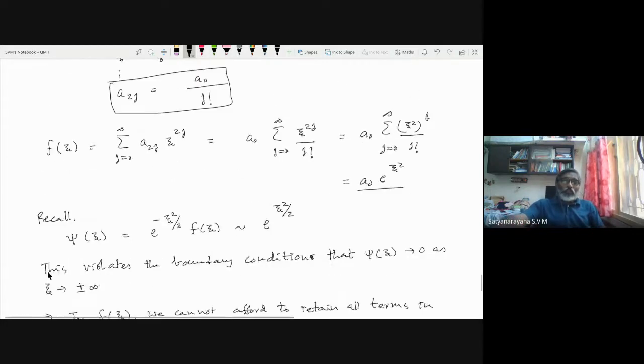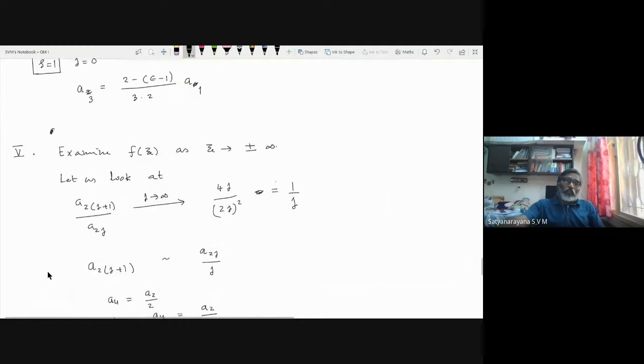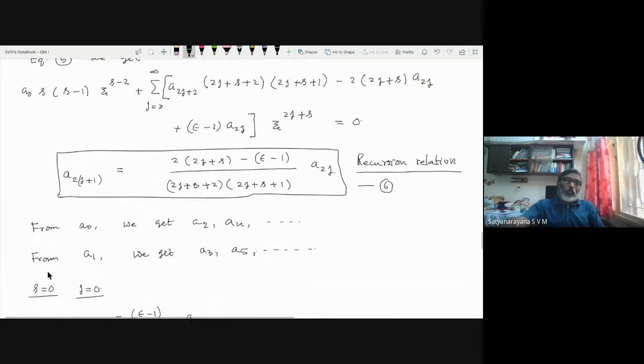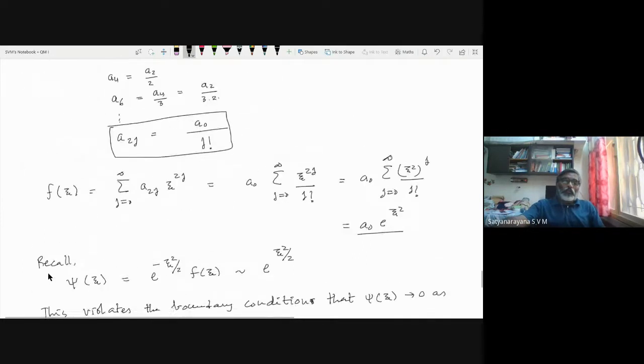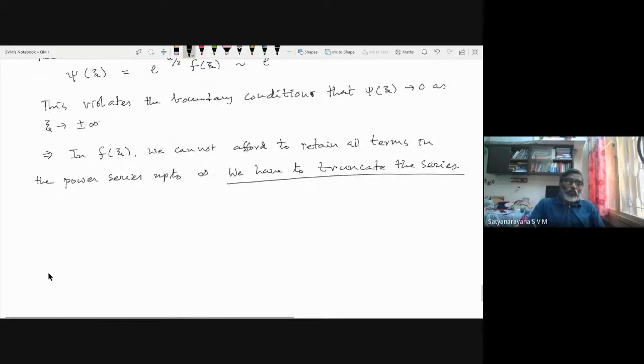Okay, so this requirement tells you that we go back to this recurrence relation. So let us say that the truncation means the following.